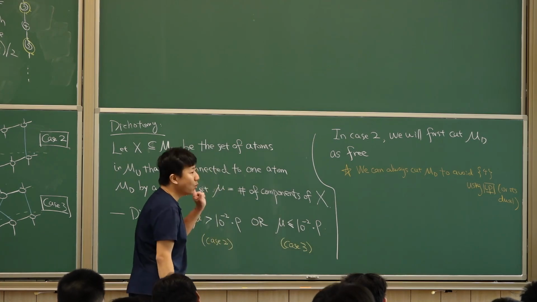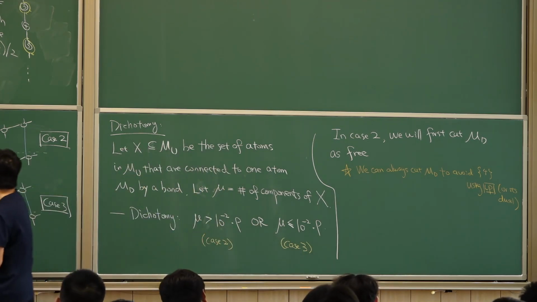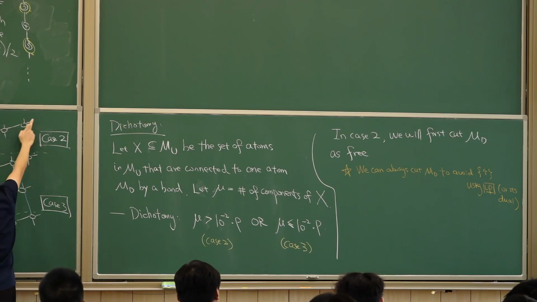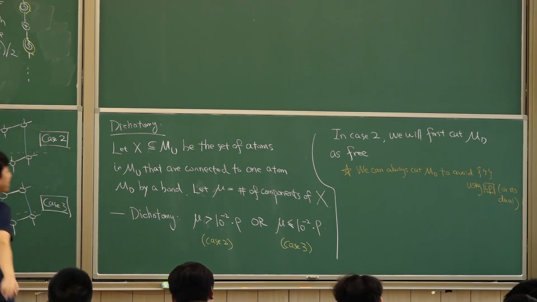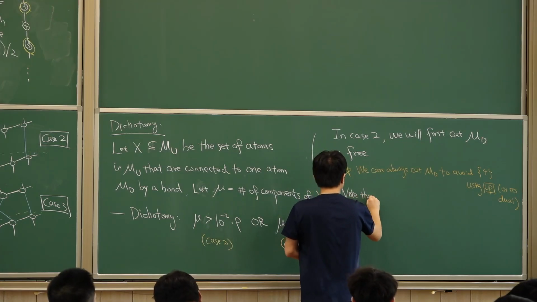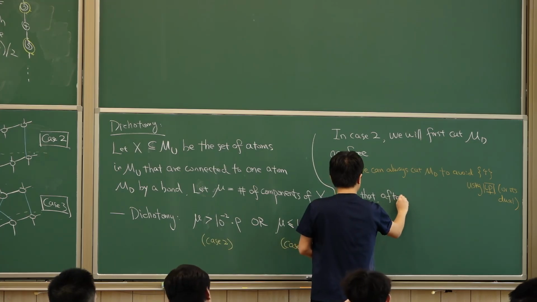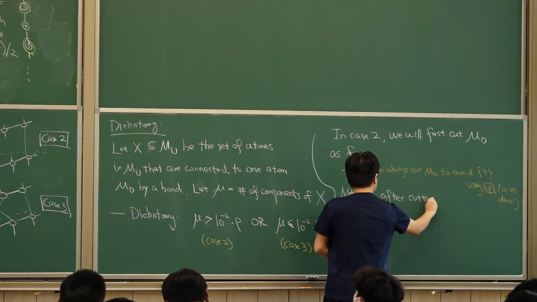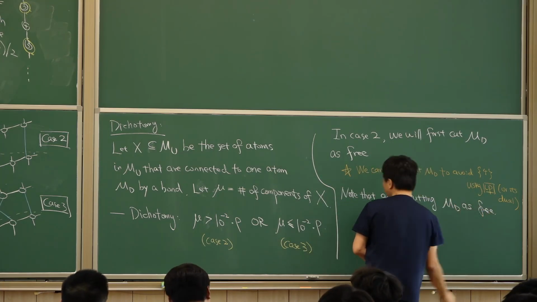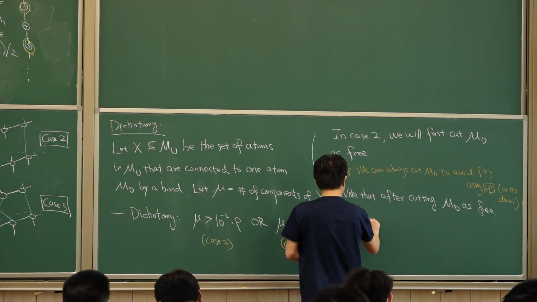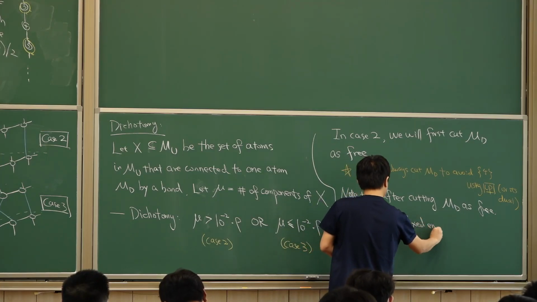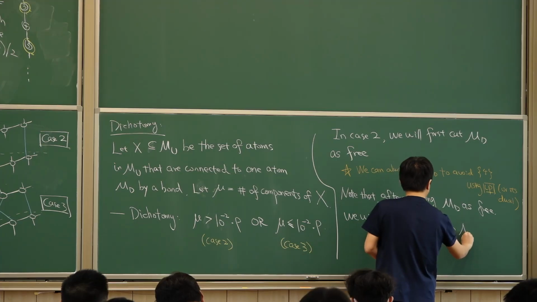So then what happens is that if you cut everything in MD, then those atoms in MU will have different degrees because they will have fixed ends there. After cutting MD, we'll have fixed ends in MU.